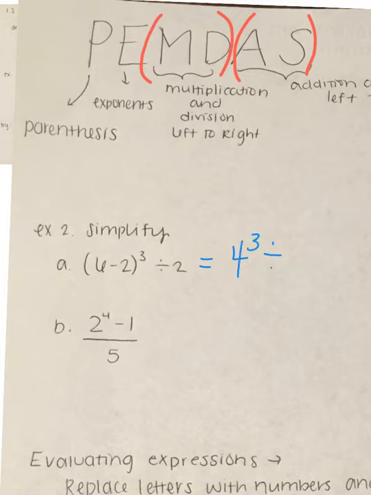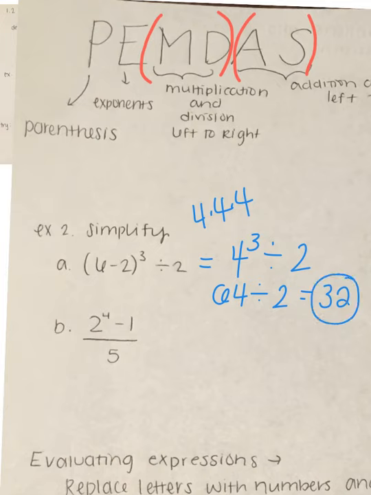So after my first step, I have 4 to the 3rd power divided by 2. Next, I have exponents. 4 to the third power, remember that's 4 times 4 times 4. So 4 times 4 is 16 times 4 is 64. So I'd get 64 divided by 2, and if I do that, I get 32 as my final answer there.